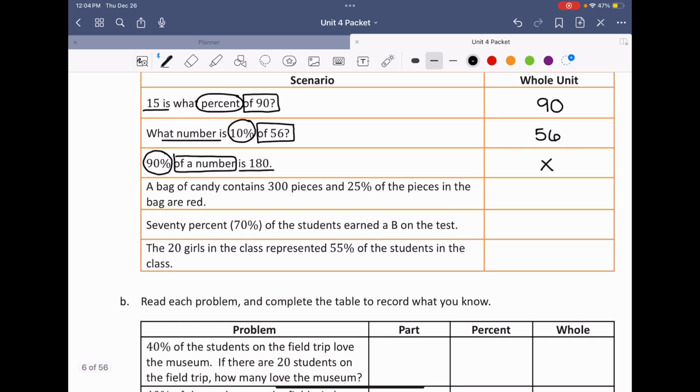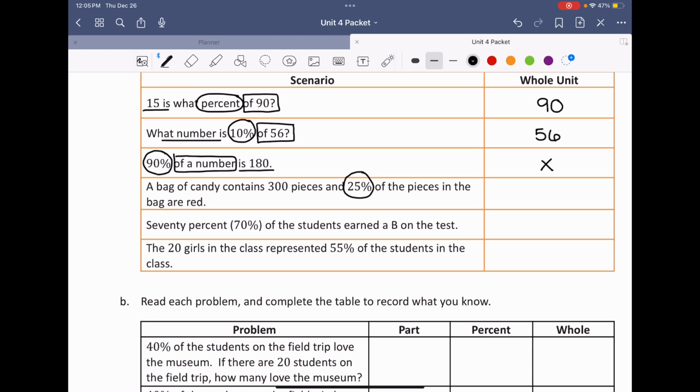A bag of candy contains 300 pieces, and 25% of the pieces in the bag are red. So this one's a little bit harder, just because we can't really go off of is and of. We'll find our percent first. Our whole is always going to be everything that we're looking at, okay?